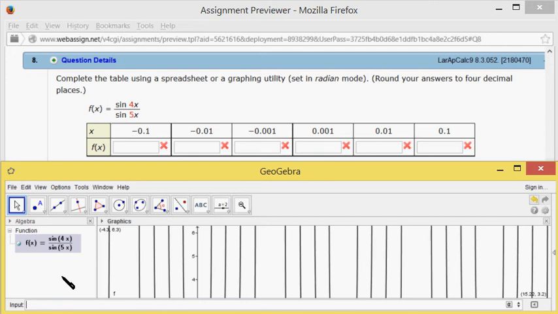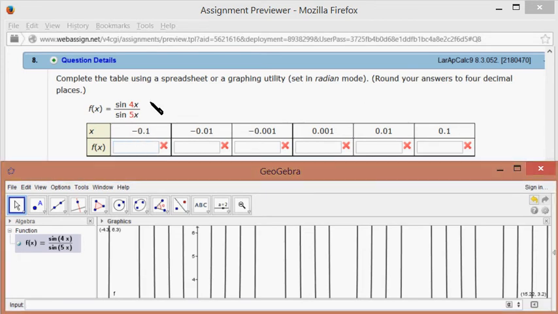So we have this function here. Then we want to evaluate at x equals negative 0.1, so f of negative 0.1, then hit enter.